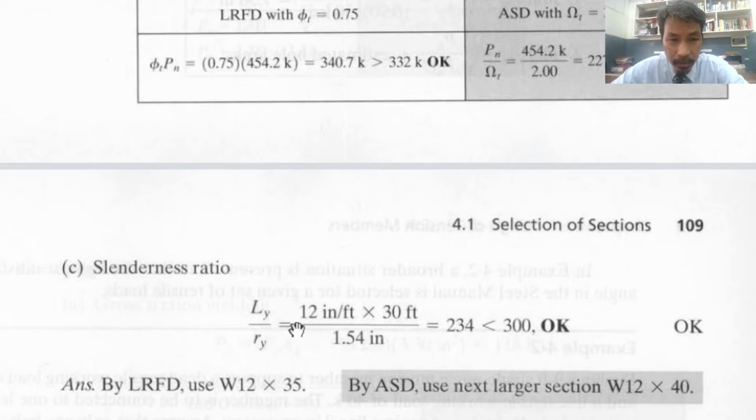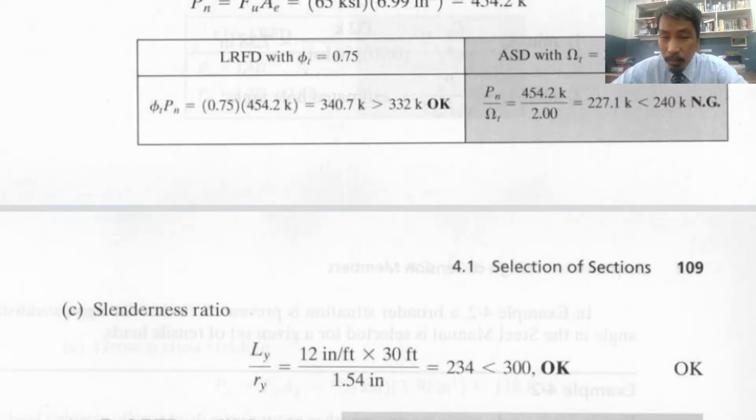So, length over radius of gyration. R is radius of gyration. I already explained it on the last live stream. So what is a radius of gyration? You can solve it by R equal to square root of I over A.